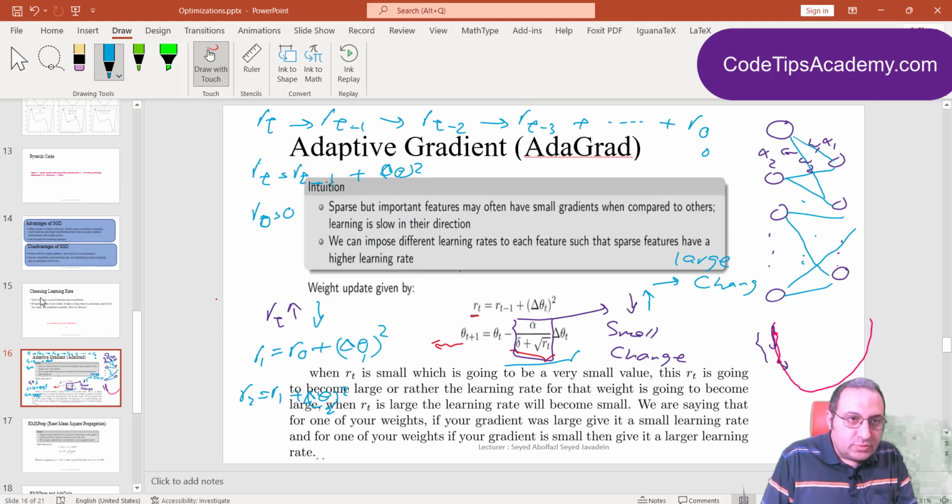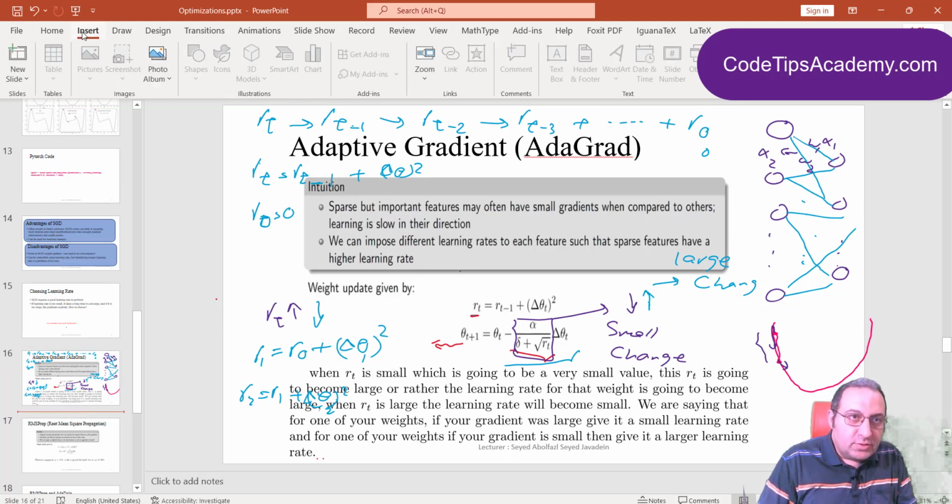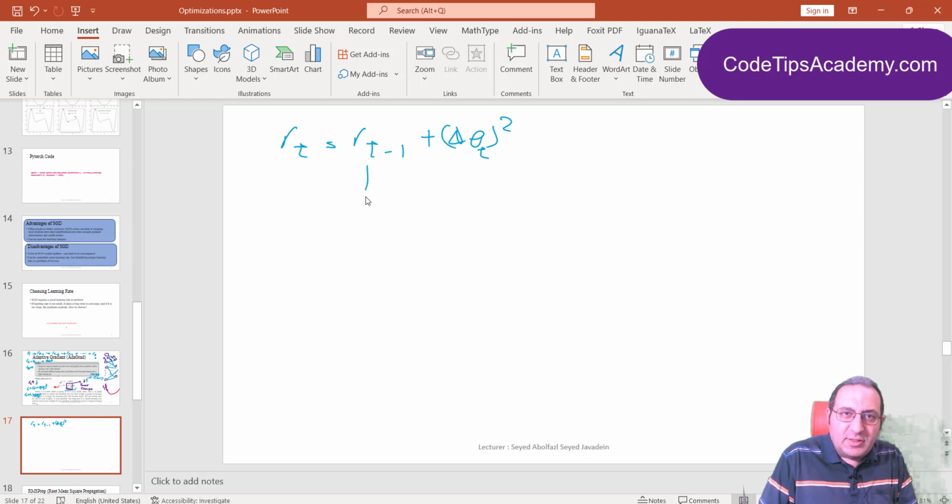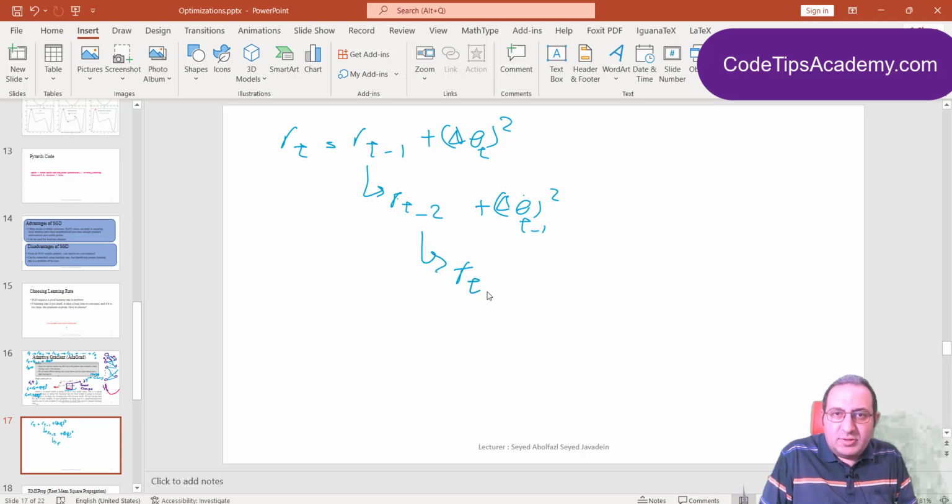I want to show this, I think if I create another blank page it is better. Okay, it means that RT is dependent on RT minus 1 plus the square of changes in RT, and this means RT minus 2 plus changes, and this comes from RT minus 3 plus the square of changes in T minus 2.